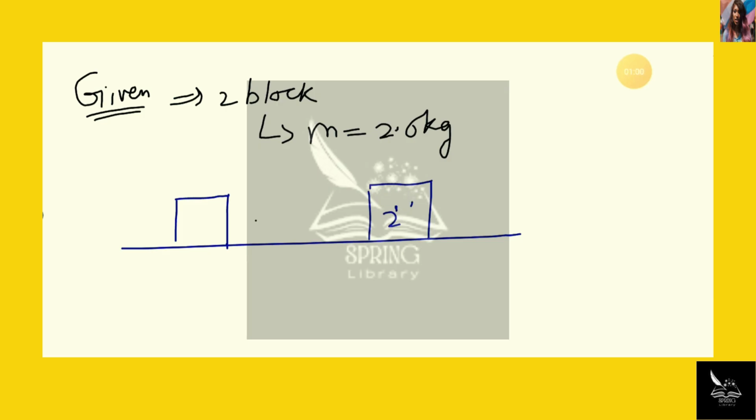Now this first block collides with the given initial speed, equal to 2 meter per second, with this second block which is initially at rest.